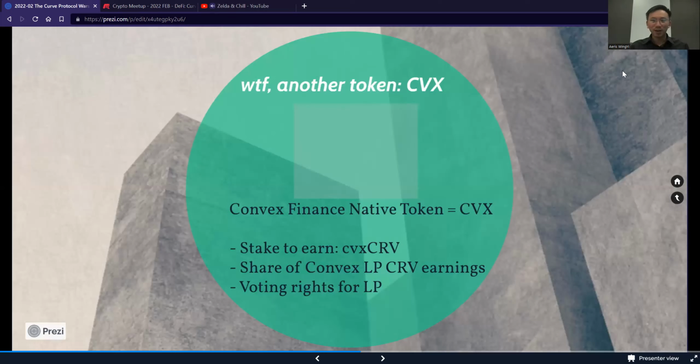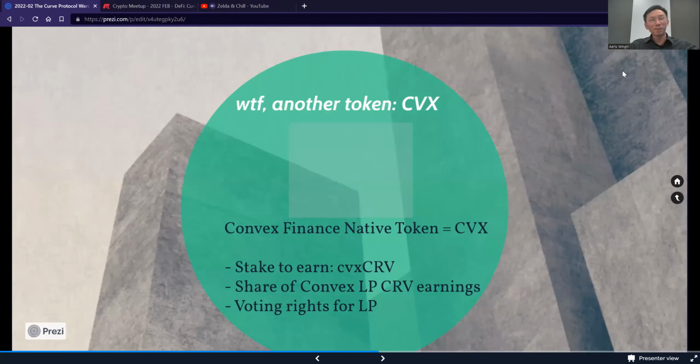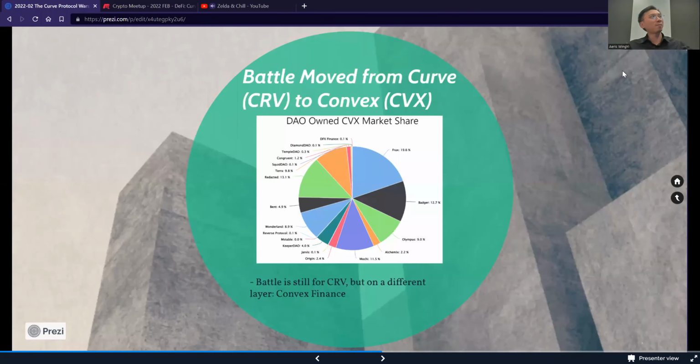So once you have the Convex token CVX, you also get voting rights again, this time on the Convex network. This is to direct liquidity on the Curve protocol that Convex controls. Might be a little confusing, okay?